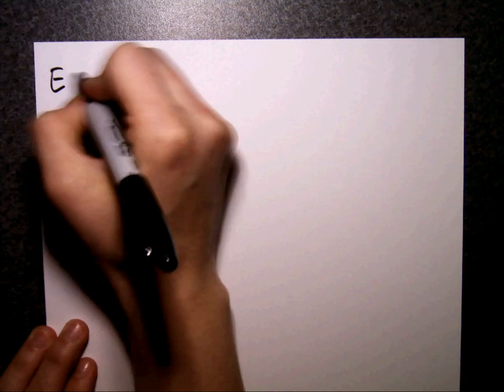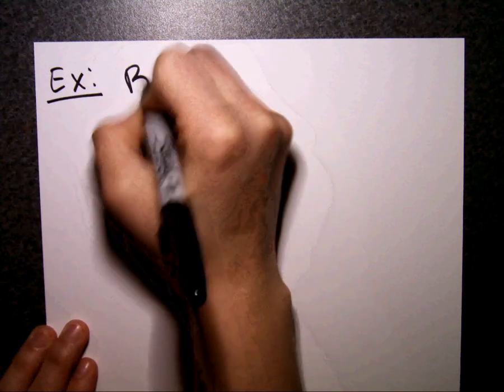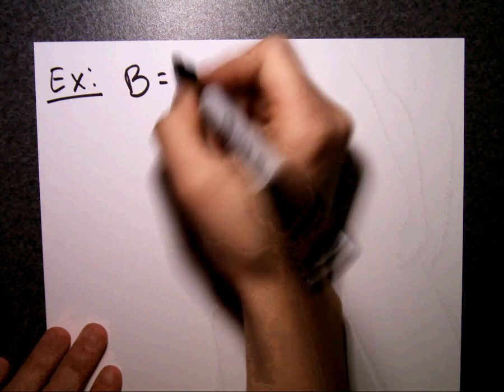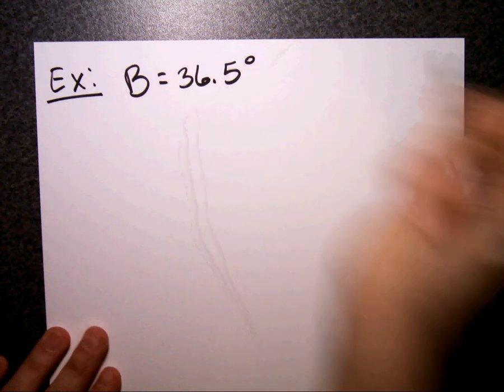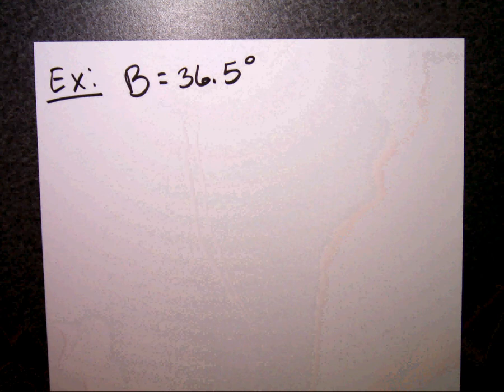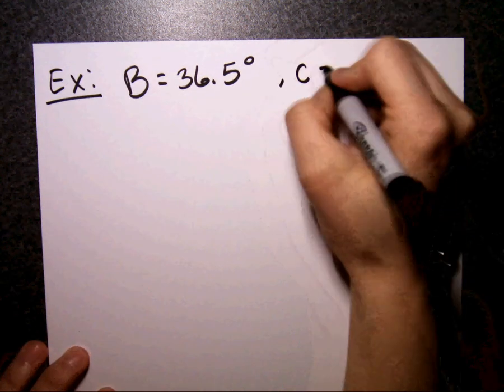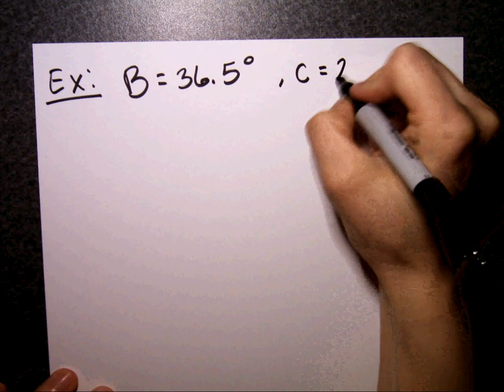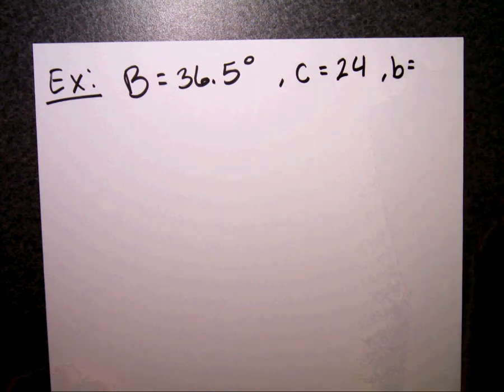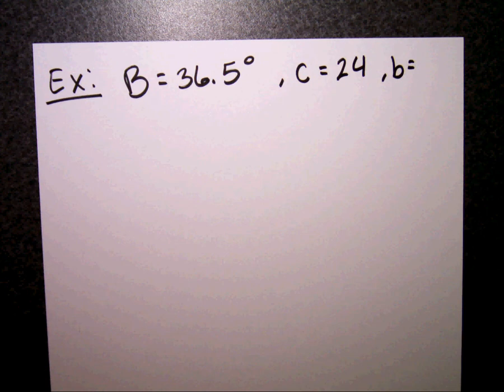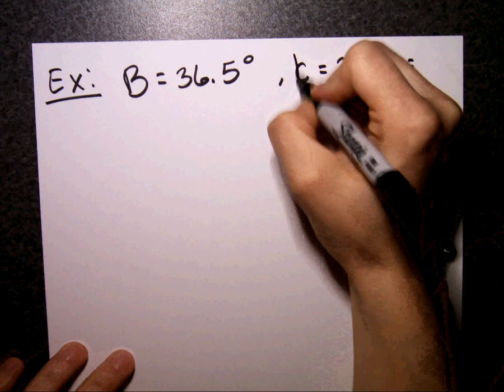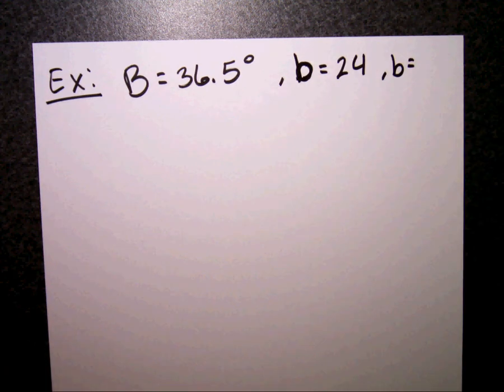Let's say this time that I'm given angle B is equal to 36.5 degrees, and side B is 24, and side C is equal to 34.